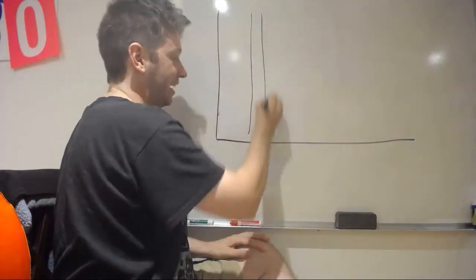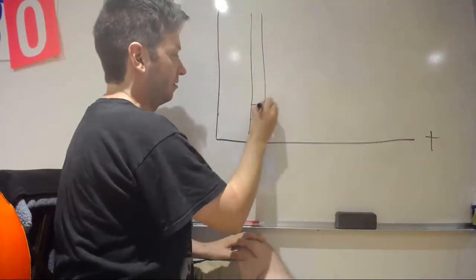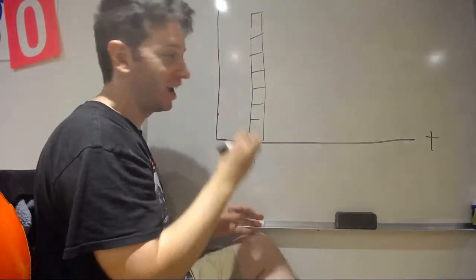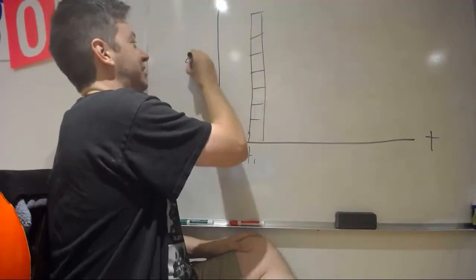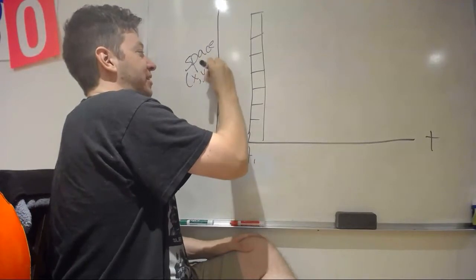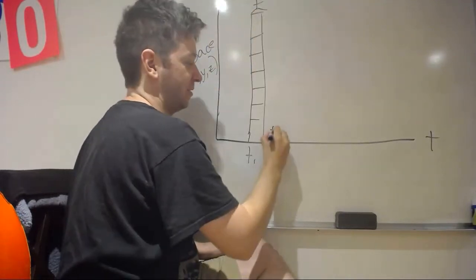So here we're going to have a ladder. This is at some point, sometime t1. And I'm just going to draw, it's going to be like a visual distance time graph. There's a ladder at some time t1, and this is our space, three coordinates of space, x, y, and z. And I'm going to put Alice at the top and Bob at the bottom.